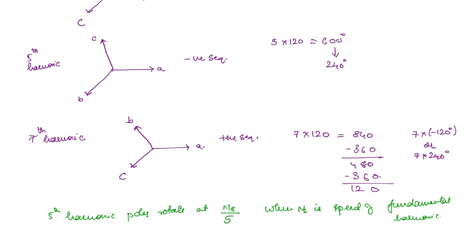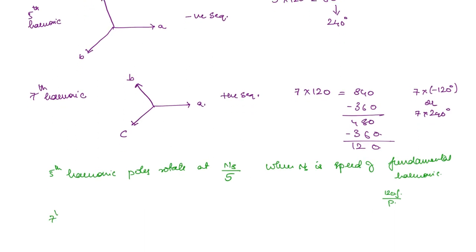Why is this? If you remember the formula, the speed is 120 f by p. So if the number of poles becomes 5 times, the speed becomes divided by 5. Similarly, seventh harmonic poles rotate at ns by 7, where ns is again the speed of the fundamental harmonic.